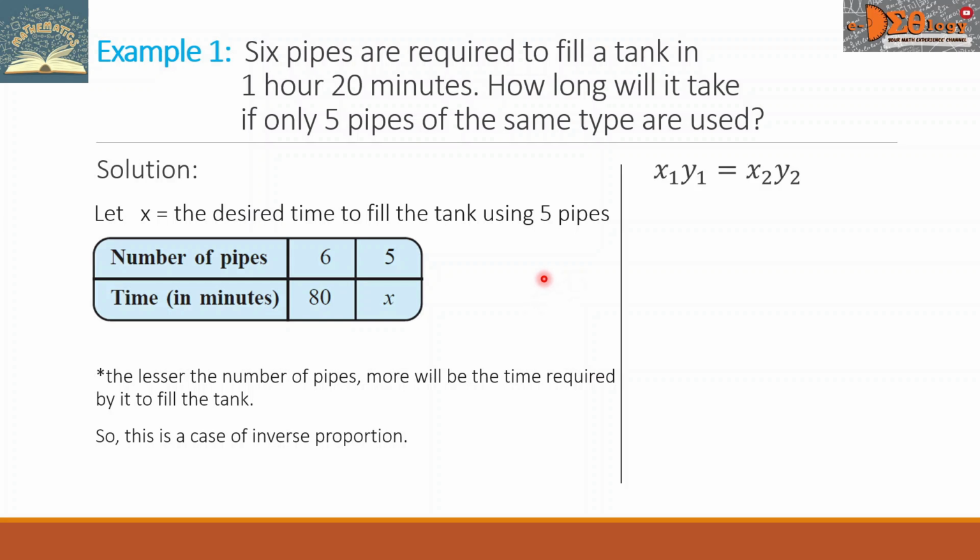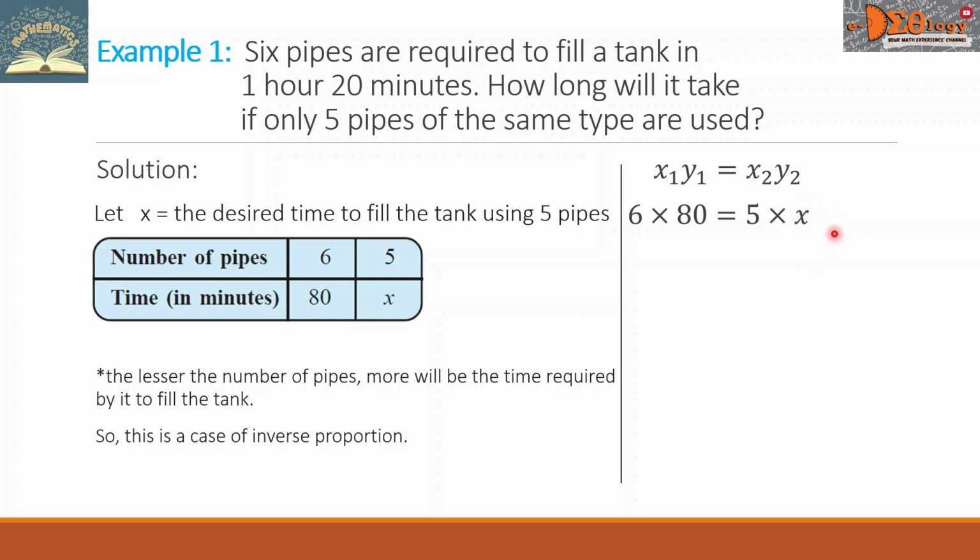A while ago, we have the formula x sub 1 times y sub 1 equals x sub 2 times y sub 2. Let us substitute the corresponding values. So that means we have 6 times 80, that is the given, is equal to 5 times x.